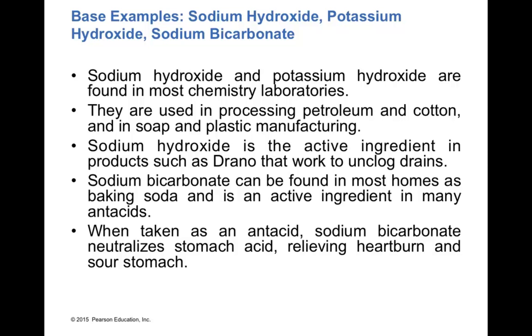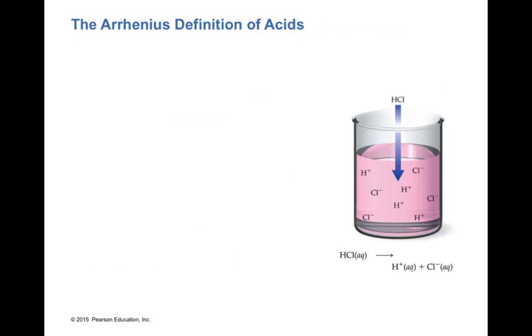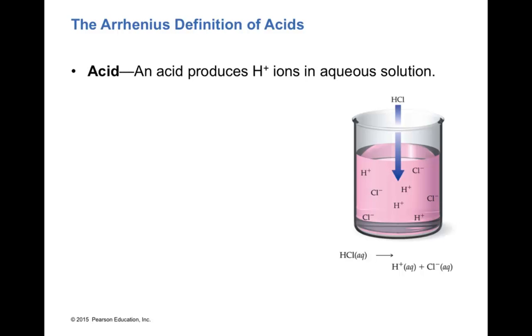Now let's look at some definitions of acid and base. The first one we're going to learn is known as the Arrhenius definition of acids. An acid produces H+ ions, or protons, in aqueous solution. So any compound that could produce protons in aqueous solution will be an acid based on the Arrhenius definition.